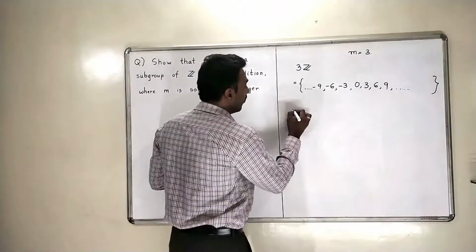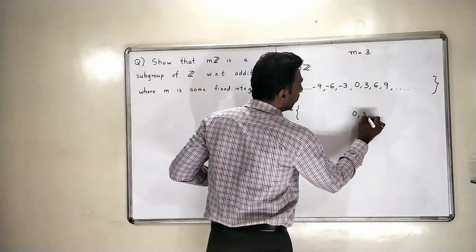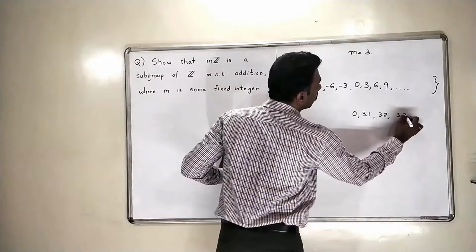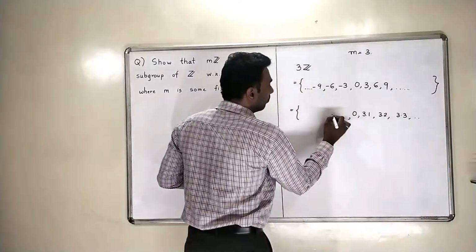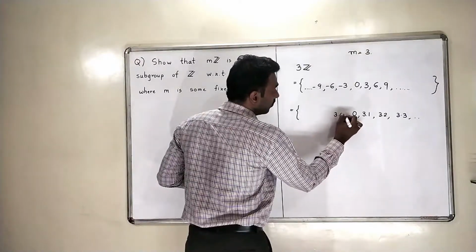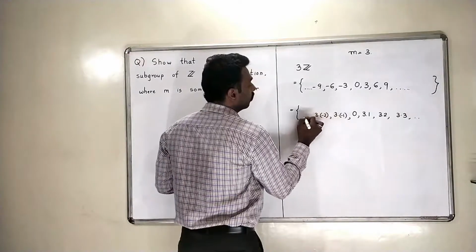Now if you look carefully, I can write this as 0, 3 times 1, 3 times 2, 3 times 3 and so on, and 3 times minus 1, 3 multiplied by minus 2 and so on.